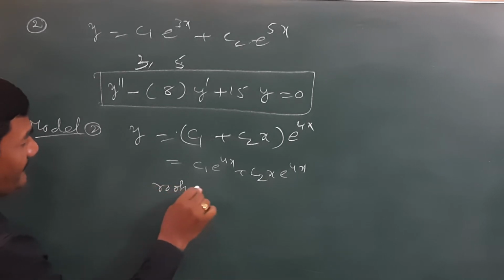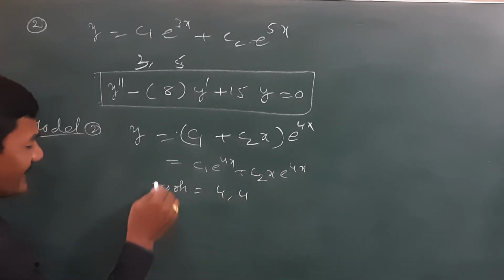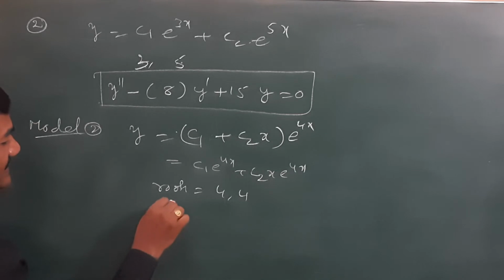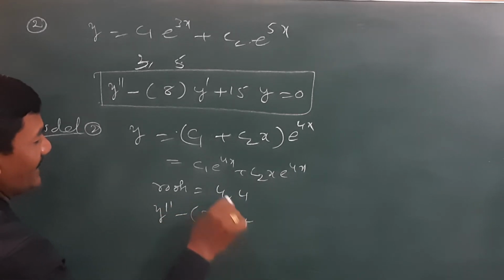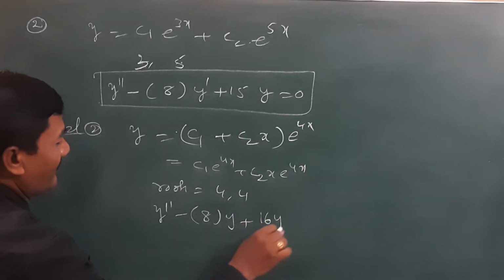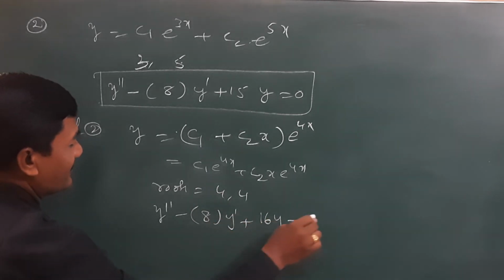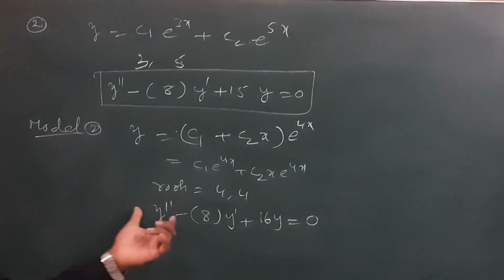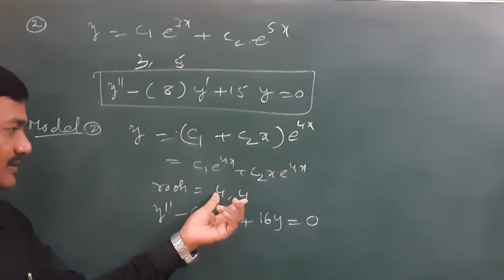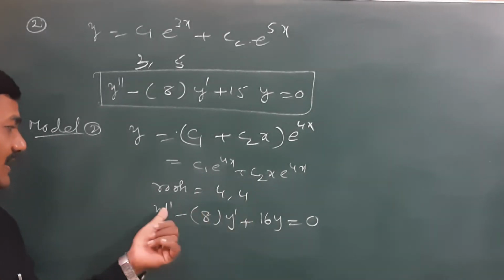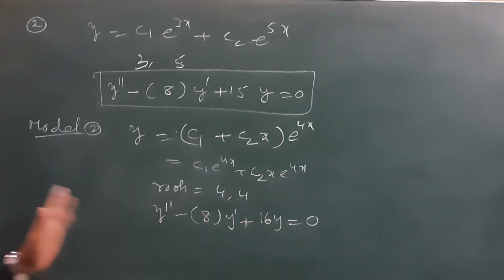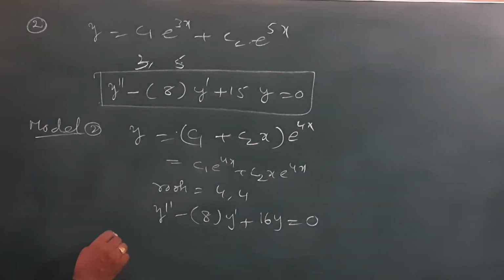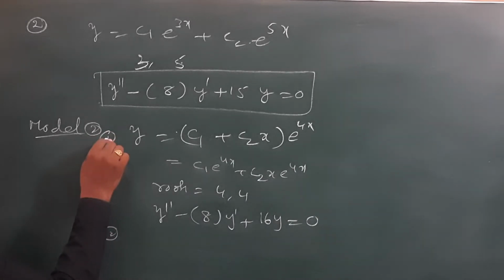The roots are 4 comma 4. Therefore, again the technique is y double dash minus (4 plus 4 is 8) y dash plus 4 into 4, 16, y is equal to 0. These are repeated roots: y double dash minus 8y dash plus 16y is equal to 0.